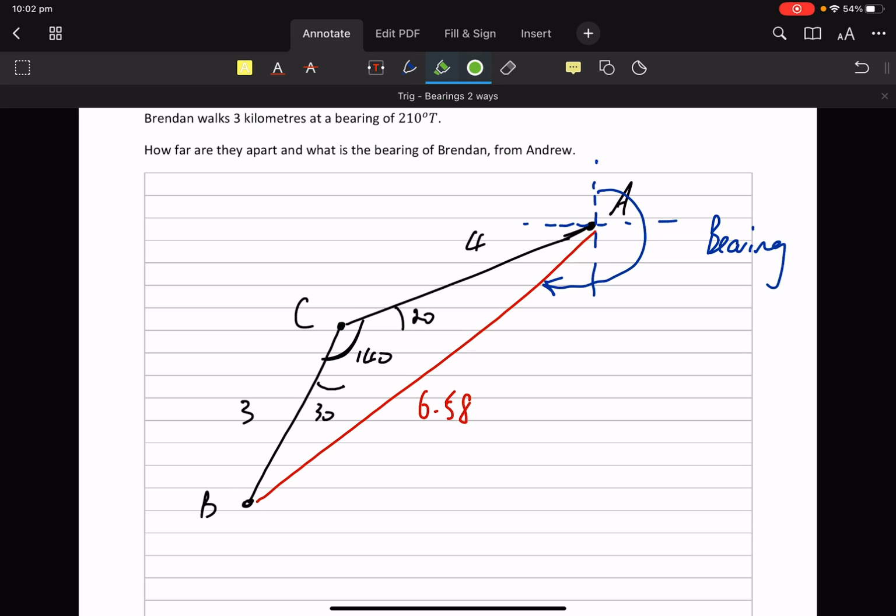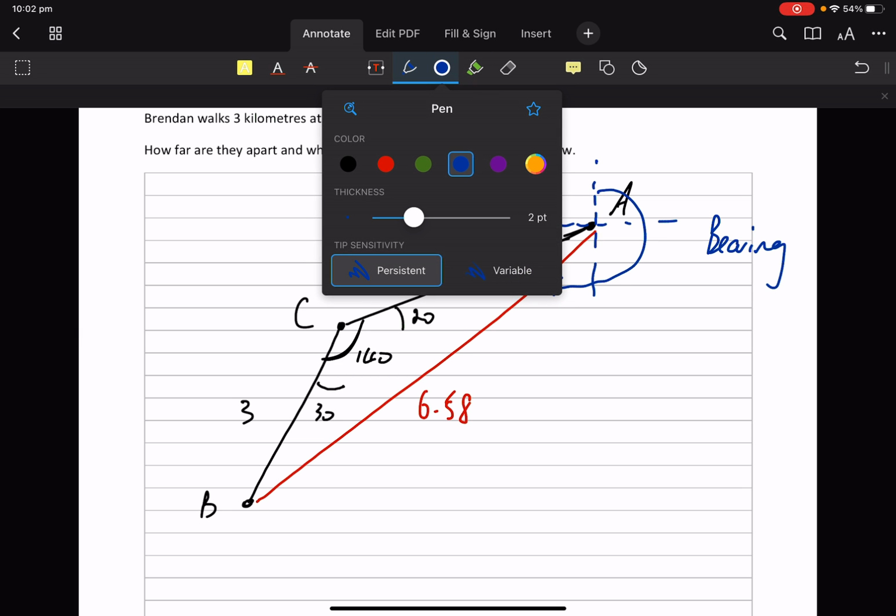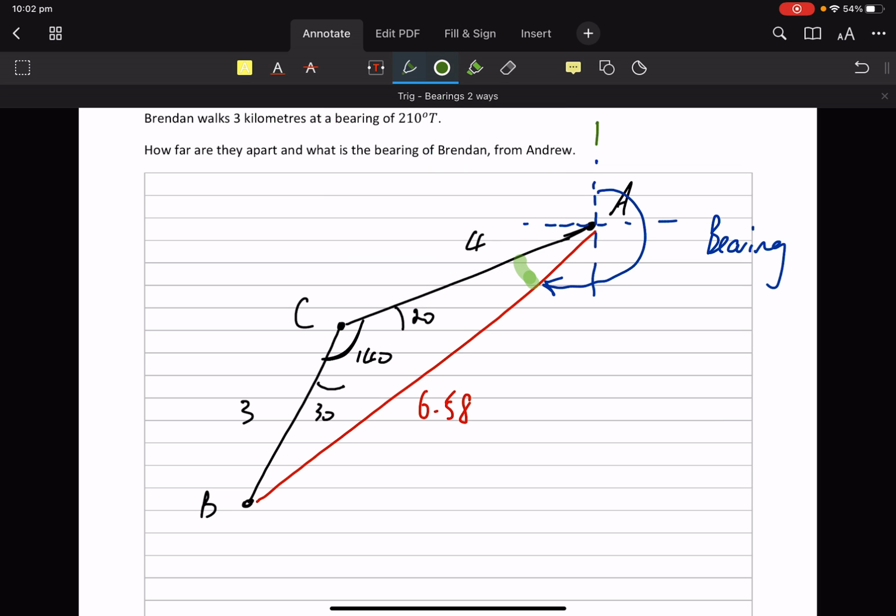Hopefully you can see that this angle there is going to play a part in that, and it does because, let's go green, let's do a north-south line there and a north-south line there, and that's Andrew's walk, and that bearing was 70 degrees.